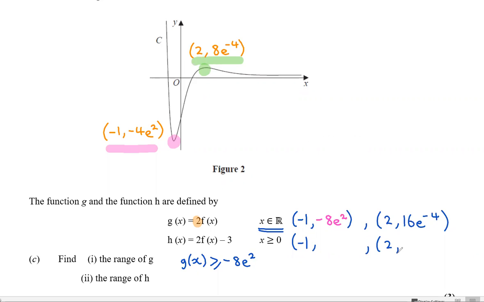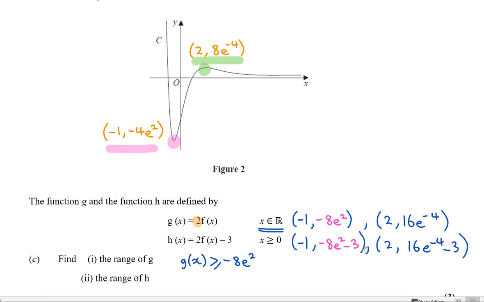But this time, once I've doubled the y values, I also have to subtract 3. So I'm going to have new y values at stationary points with -8e squared subtract 3, and also at 16e to the -4 subtract 3 as well.